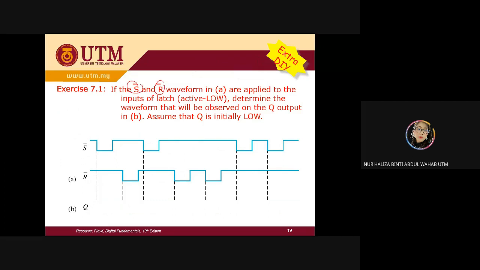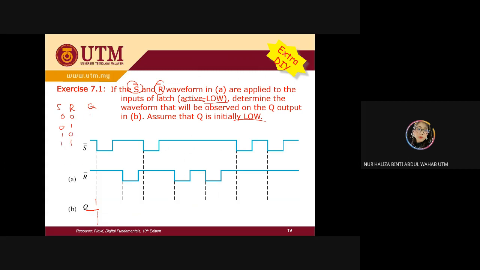When you have a bar here, of course, you already know it is active low, and the initial value will be given low also here. Remember that your table is for the SR latch: you have S, R and then Q, 0 0, 0 1, 1 0, 1 1.